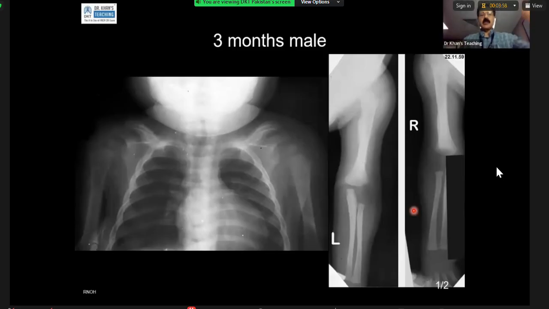You see, the feedback is that your theoretical knowledge, how important it is. You picked up the findings beautifully, but you were not able to diagnose it for the simple reason that you did not remember the age of Caffey's disease. Caffey's disease, actually, I went through it when there was a case earlier in the day.